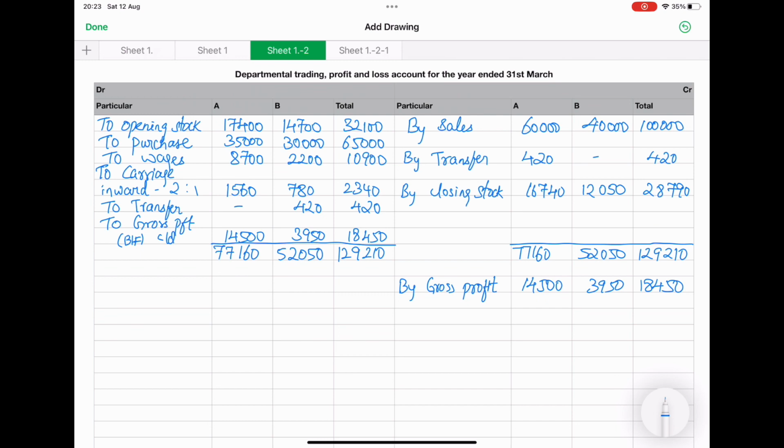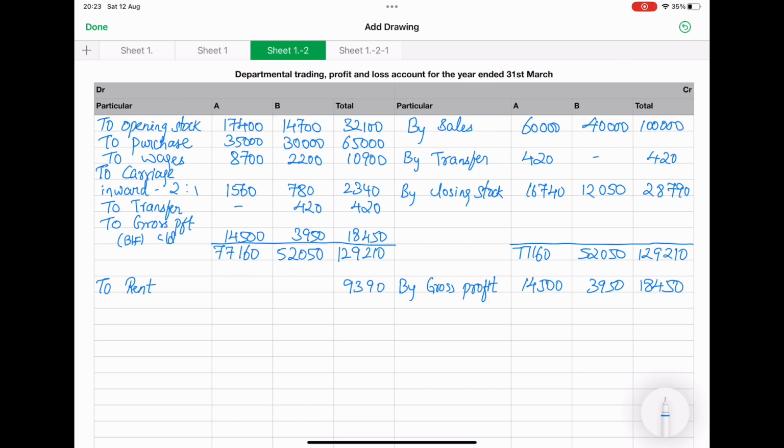Yes, again we have to look back at this trial balance. Now we are going to calculate all the indirect expenses which we are going to write in the P&L account. So rent, taxes and insurance, how much have they given? 9,390 as total.